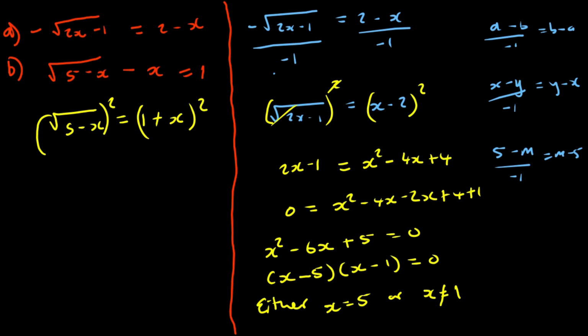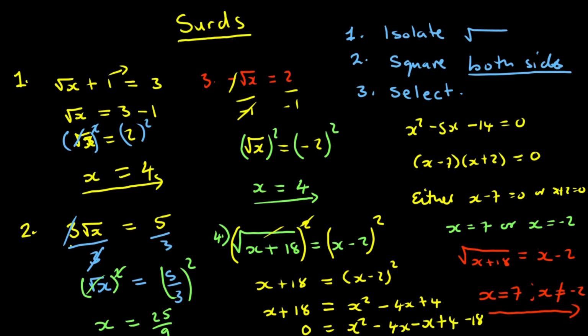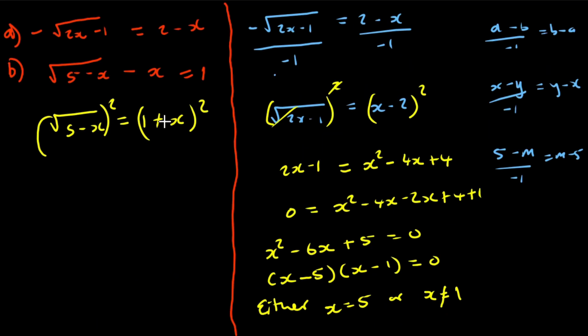When it is isolated, we square both sides. And when we are squaring both sides, we don't square some parts, we square everything. So this one and this one will cancel out, and we have 5 minus x is equal to 1 squared plus 2x plus x squared.